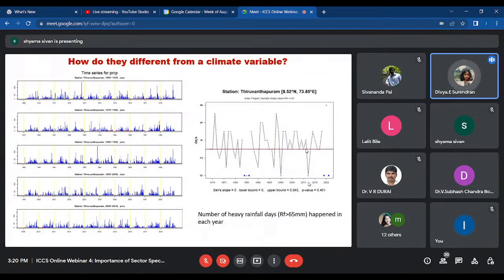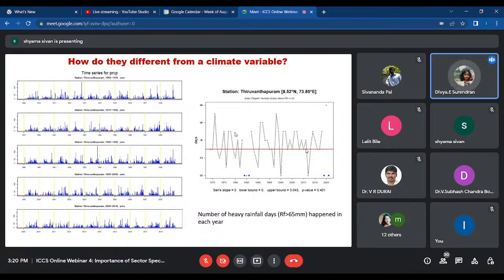Similarly, here is the time series of daily precipitation over Trivandrum, showing how the daily precipitation varied from 1969 to 2020, and what the variation in each year was. On the right-hand side, it shows the number of heavy rainfall days. With respect to IMD's concept, rainfall of more than 6.5 centimeters, or 65 millimeters, is considered heavy rainfall.